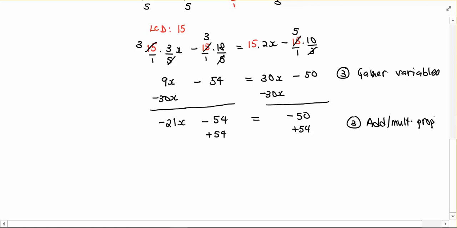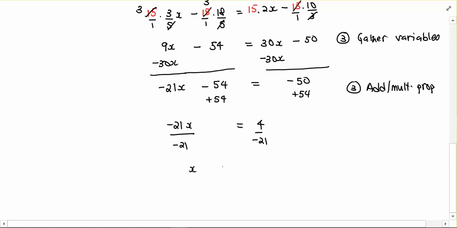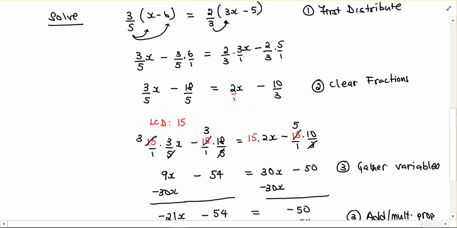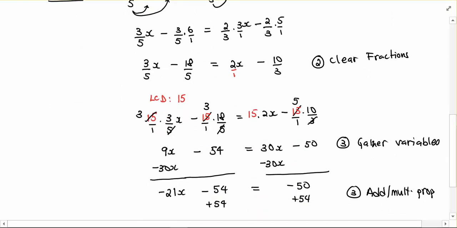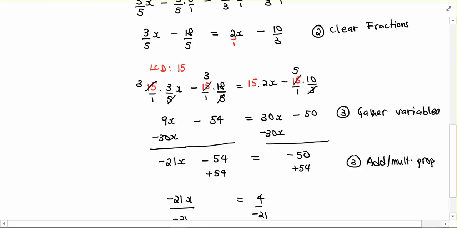So that's minus 21x equals 4, and divide both sides by minus 21, and I get x equals minus 4 over 21. That's it. So we've taken a look at 2 problems with fractions in them, and learned how to clear the fractions by simply multiplying through by the LCD.